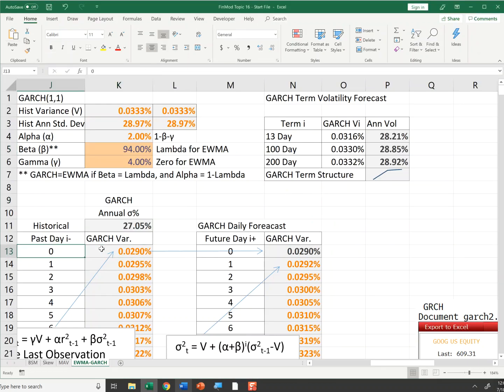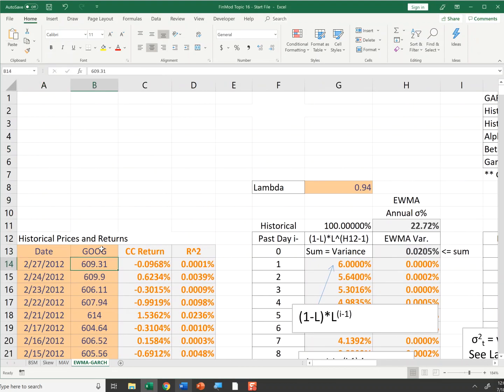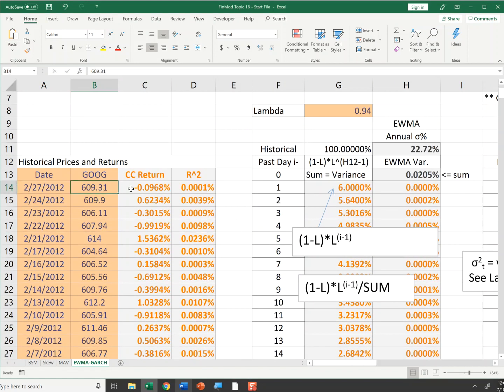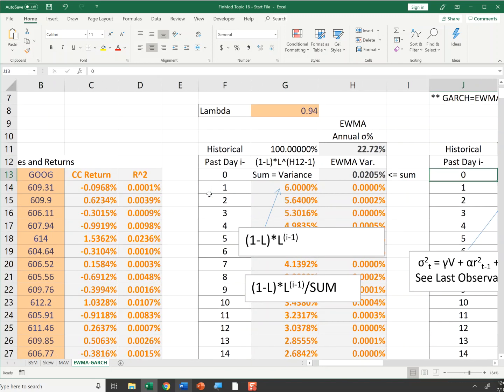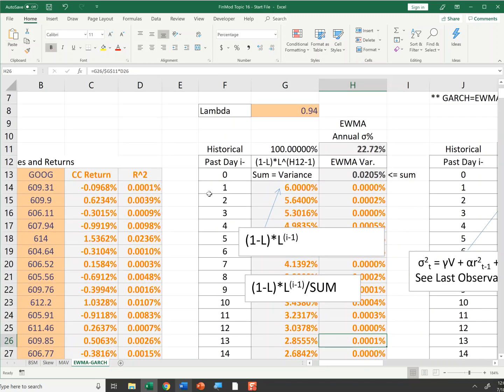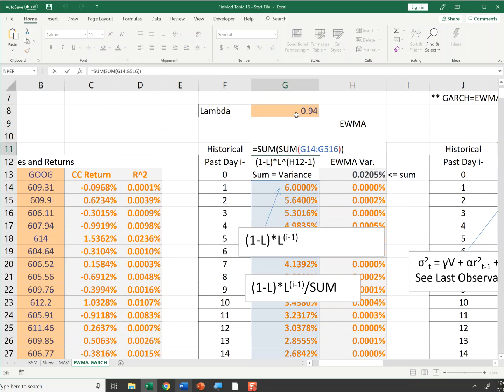In our spreadsheet, I had my 2 years of continuously compounded Google returns. I then took the squared deviation from the mean of 0, in other words, the squared return. And then I calculated my EWMA volatility here. If I used a lambda of, say, 0.94, I would take 1 minus lambda times lambda to the i minus 1, divided by the sum of all those 1 minus lambda factors.